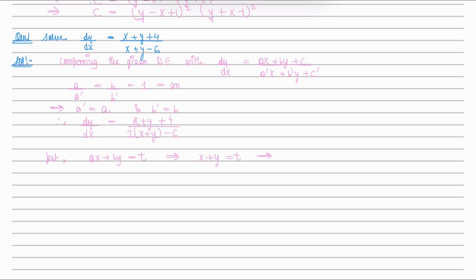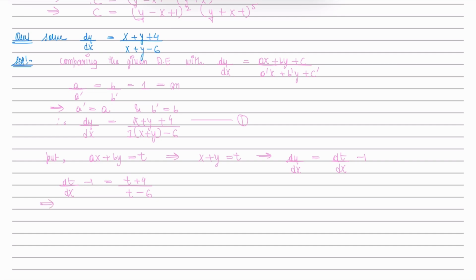Differentiating it, we get dy by dx equals dt by dx minus 1, and therefore equation number 1 will convert into dt by dx minus 1 equals (t plus 4) divided by (t minus 6).